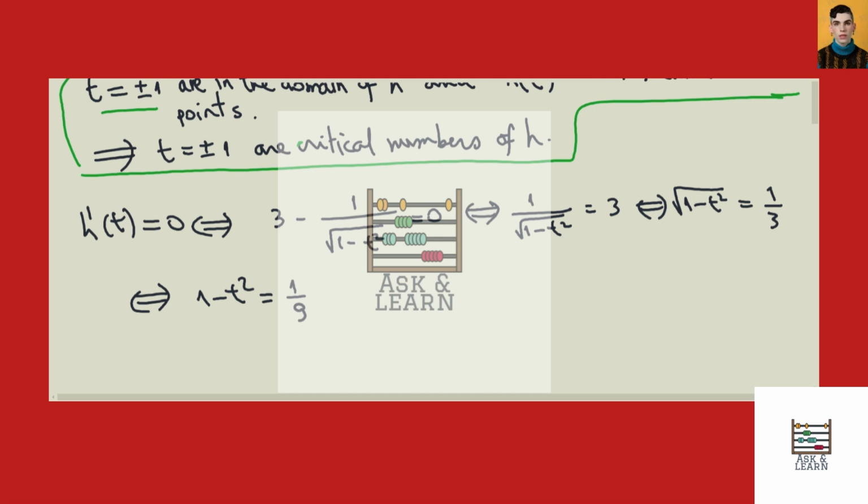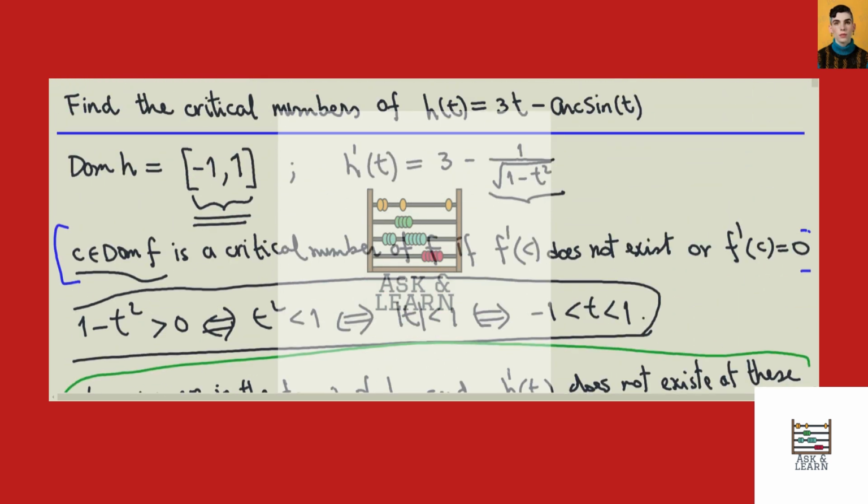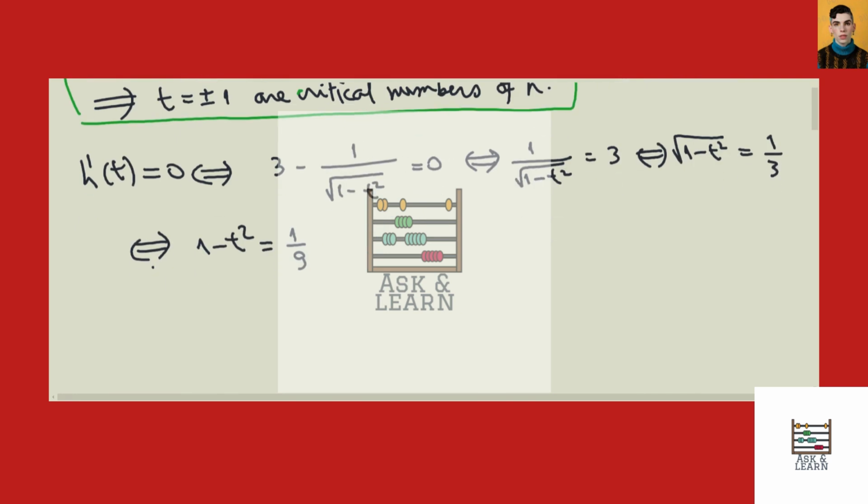And here, to have the equivalence, it's important to notice that t has to be between -1 and 1. But that's a requirement already set when we calculated the derivative. We can only consider values of t between -1 and 1, excluding 1 and excluding -1. And because t is in the open interval from -1 to 1, we can say that this equivalence is true. So we can take the square root on both sides because they are positive quantities.